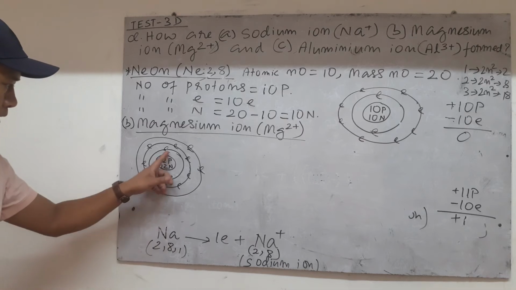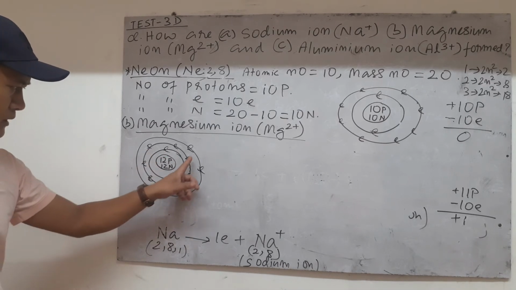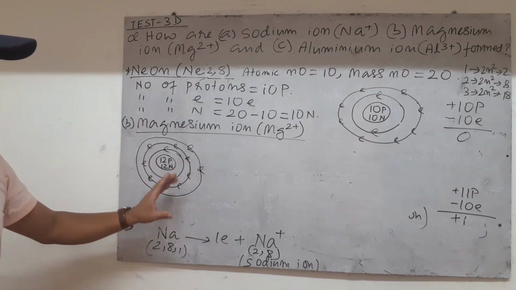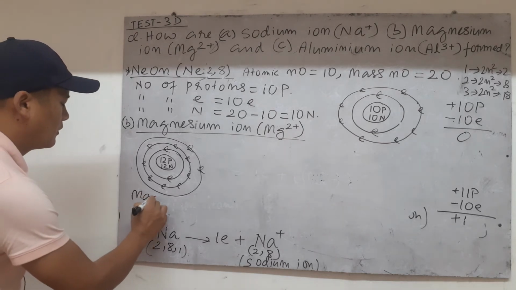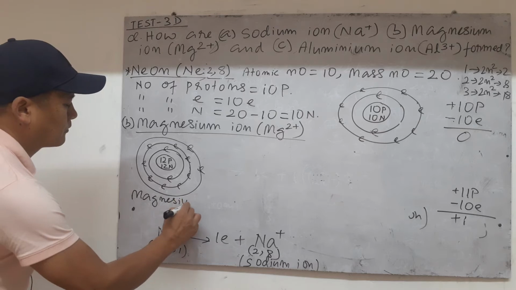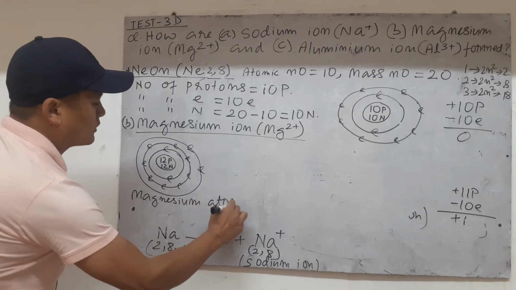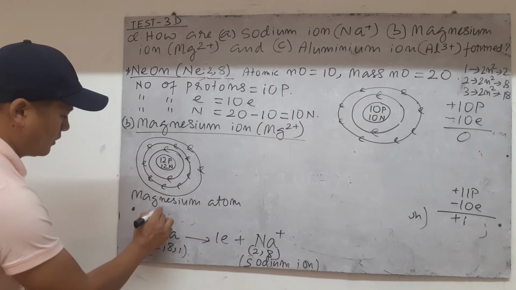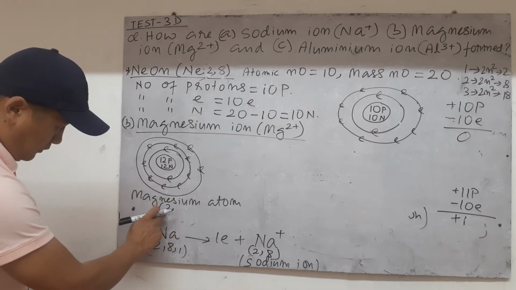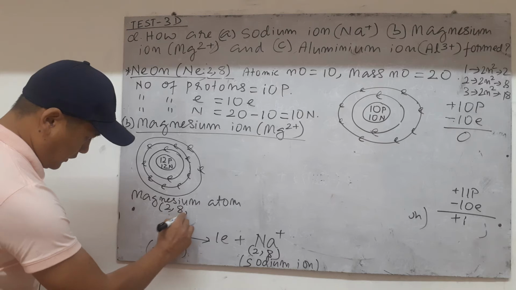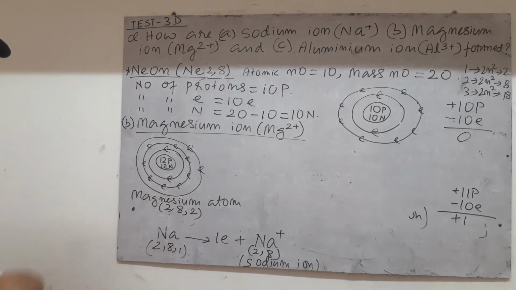So 2 plus 8 in the second orbit, 10, plus the third orbit 2. So 12 electrons, 12 protons. This is the structure of the magnesium atom. Its electron arrangement is 2 in the first orbit, 8 in the second orbit, and 2 in the third orbit.